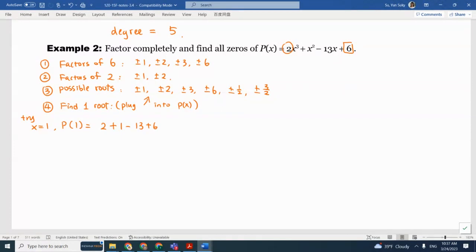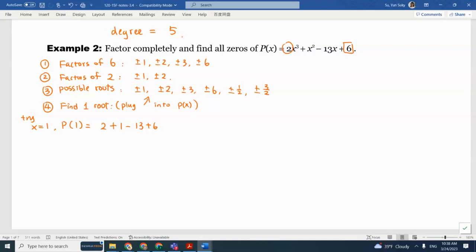Because when we plug in 1, whatever power is 1. So 2 times 1 is 2, and 13 times 1 is 13. Is that okay? So when you plug in 1, whatever power is 1, and then when you multiply by the coefficient, you just have that coefficient. Is that okay, everybody?